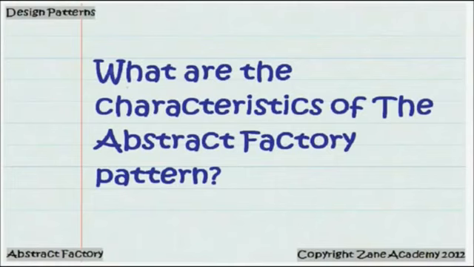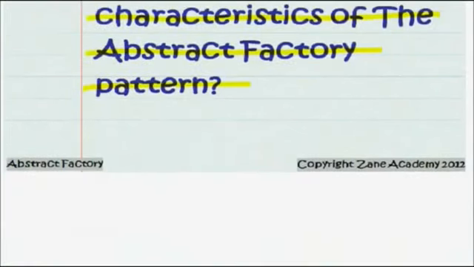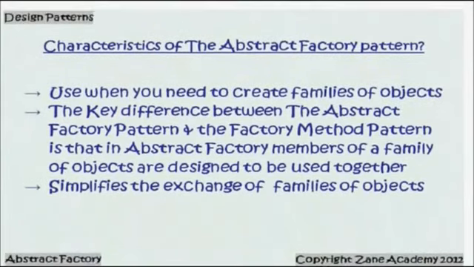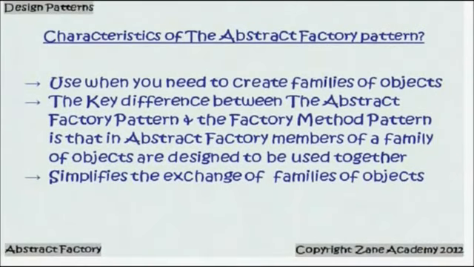Okay, so what are the characteristics of the abstract factory pattern? Essentially, we use this pattern when we need to create families of objects. And we have another pattern called the factory method pattern.